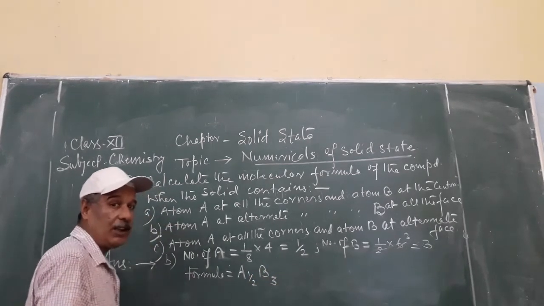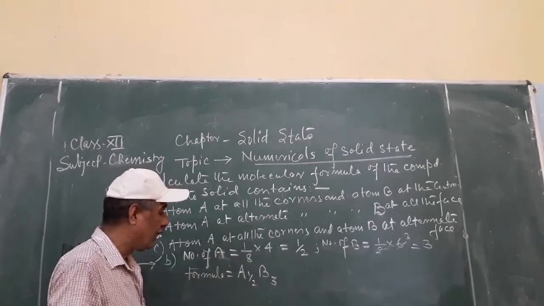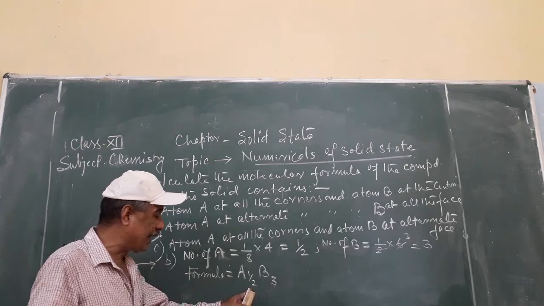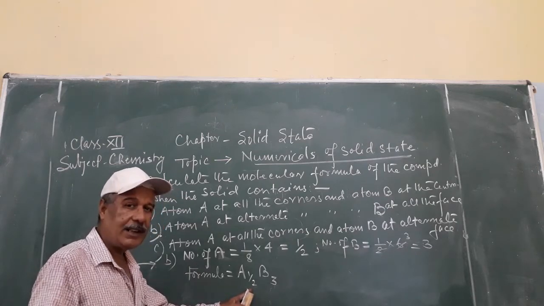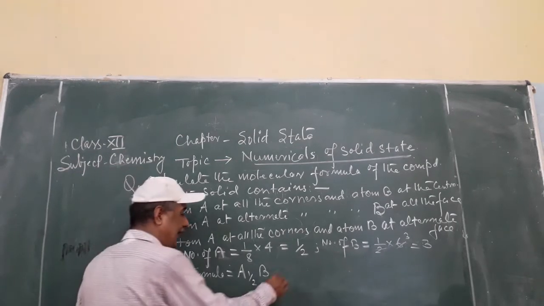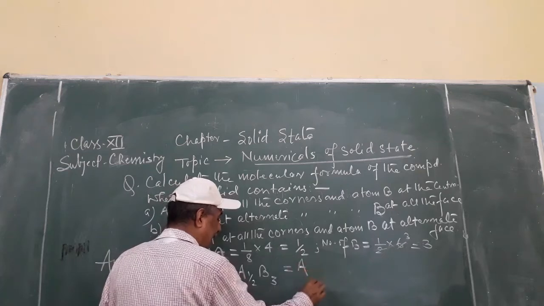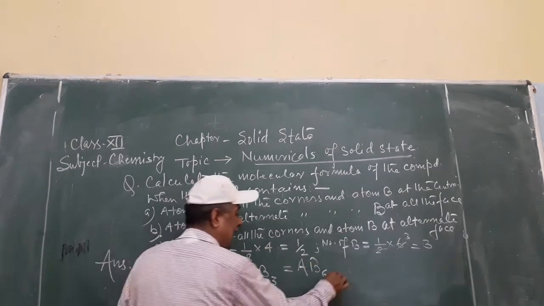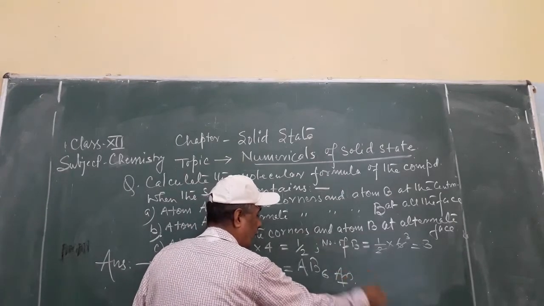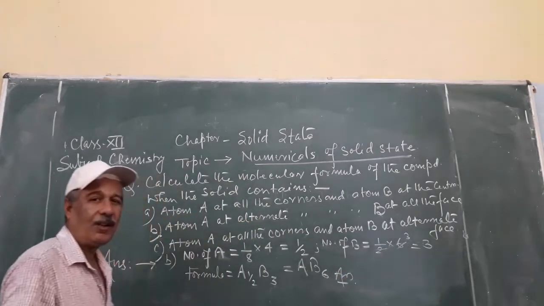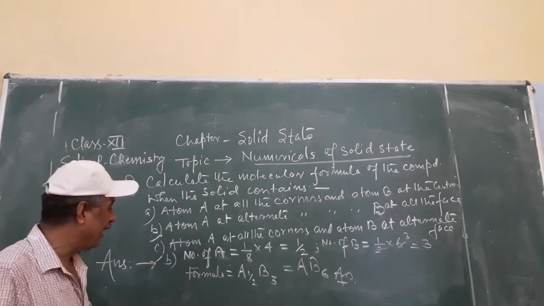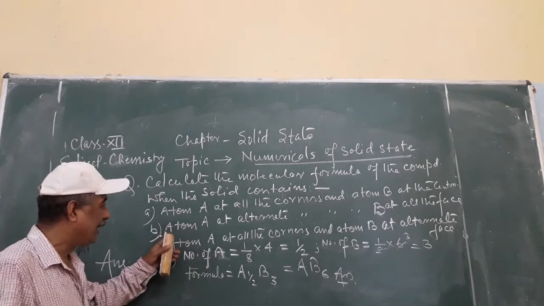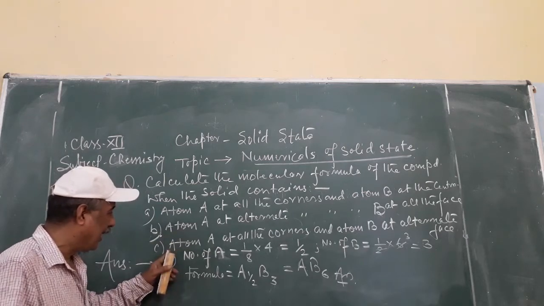But according to Dalton's theory, an atom cannot be in fraction, and that's why by multiplying by 2 we can convert it into whole numbers, and it will be AB6. That will be the answer of the second. So in this way, B is solved. Then come to the third part.